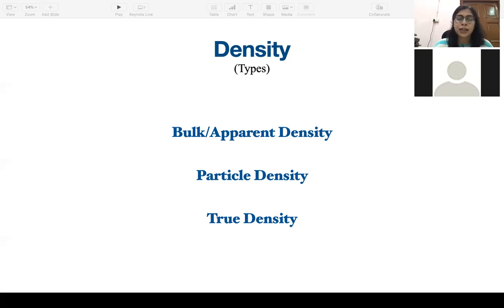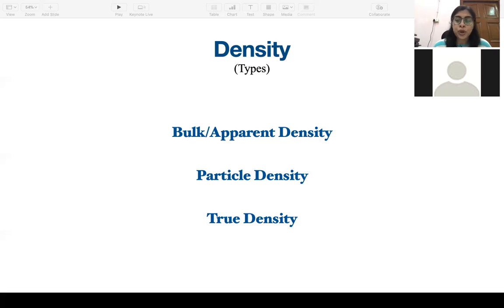Which one will be higher, the packed product or the loose product? Tell me. Ma'am, the loose one. That will have higher density. Ma'am, can you repeat the question? I told you that bulk density is of two types.